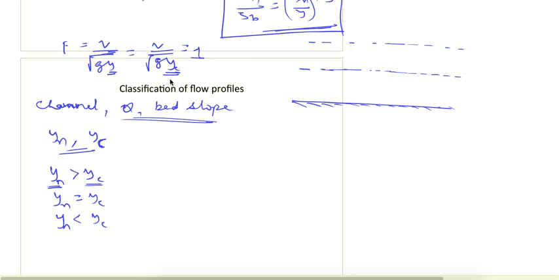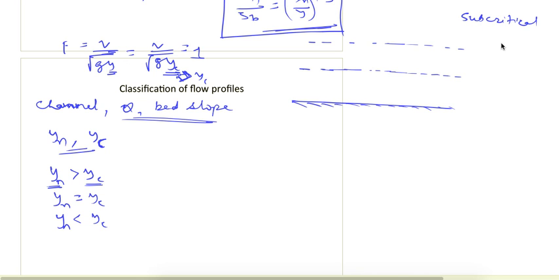Now if I put some value greater than yc, then this value will be less than 1, and if I put a value less than yc, this value will be greater than 1. So for this case we are taking yn greater than yc. It means the flow will be subcritical.